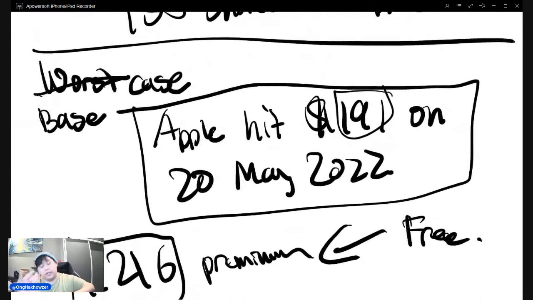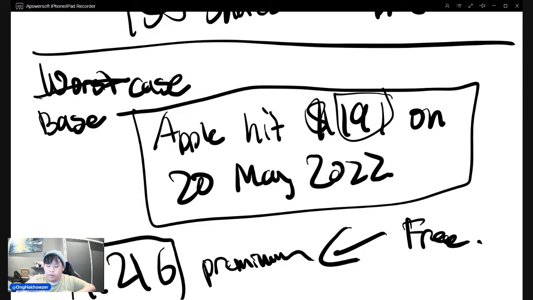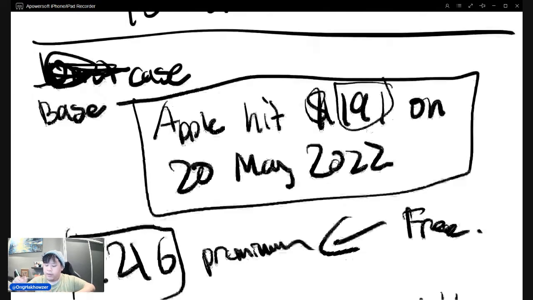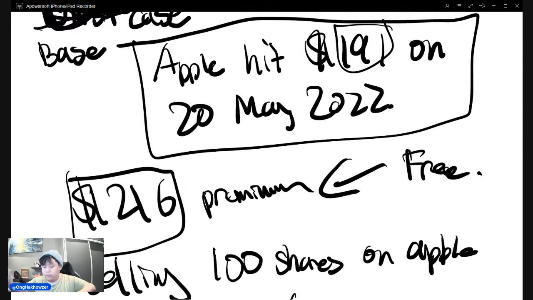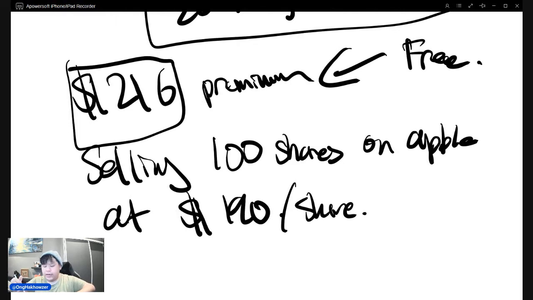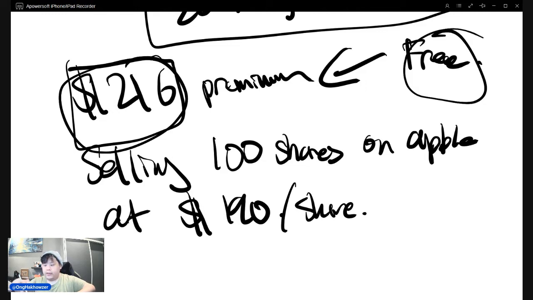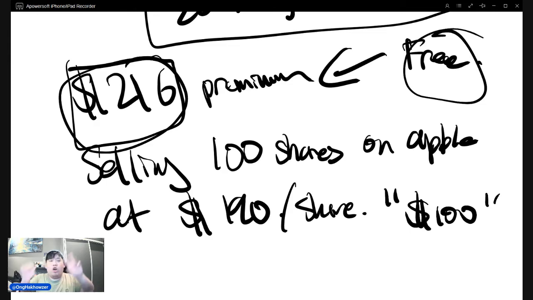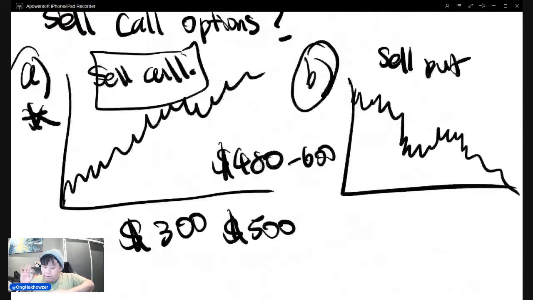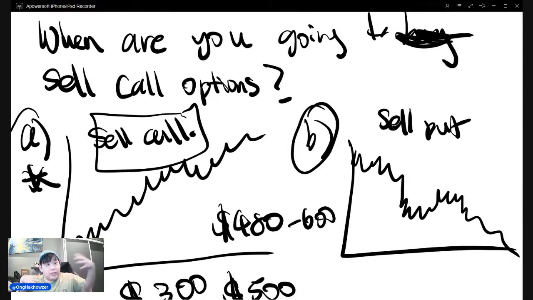But to show you guys what the base case is going to look like, the base case is basically hitting 191, for example. Let's say you already got your $216 premium for free, and you basically lost out on this additional $100. But remember what I said about how you should sell calls when it's going up and sell puts when it's going down.